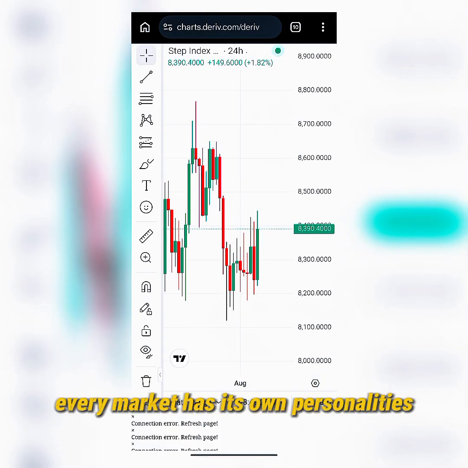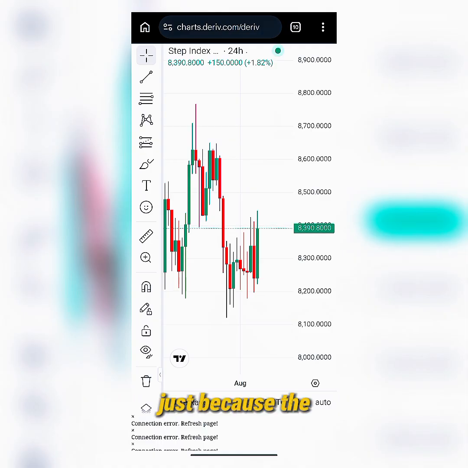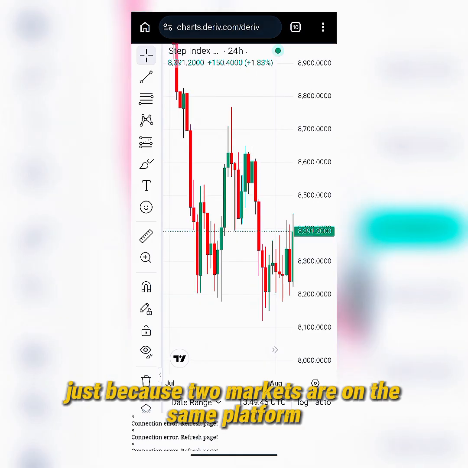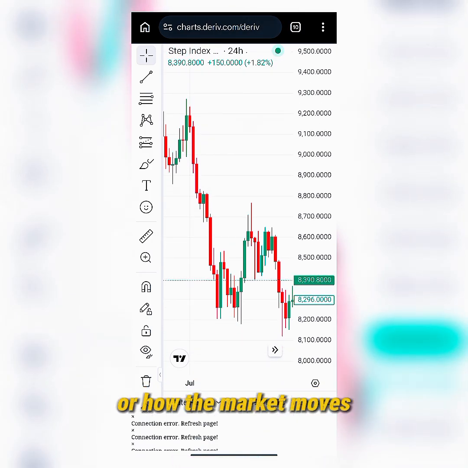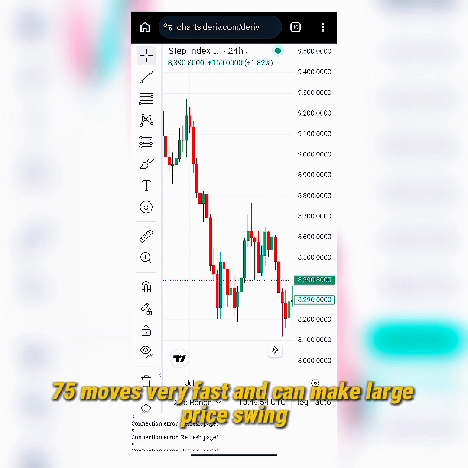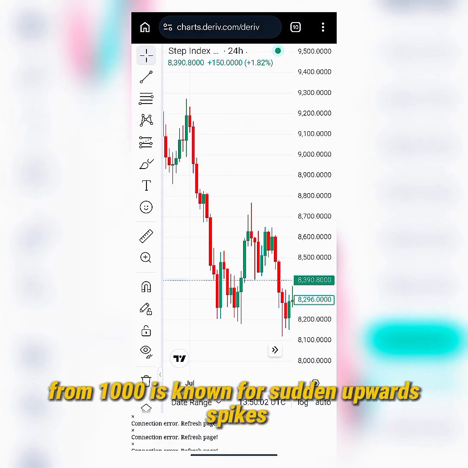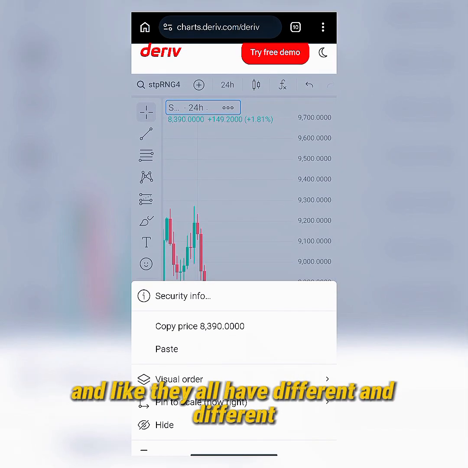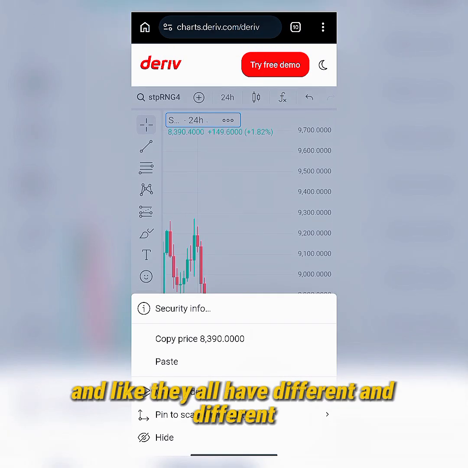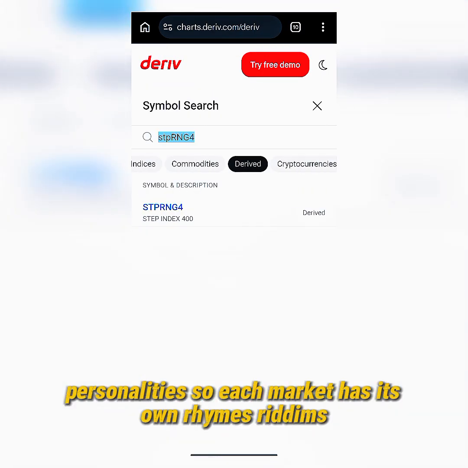First, every market has its own personality. Just because two markets are on the same platform doesn't mean they move the same way. Volatility 75 moves very fast and can make large price swings, but Boom 1000 is known for sudden upward spikes. Crash 500 experiences sudden downward drops, and they all have different personalities.